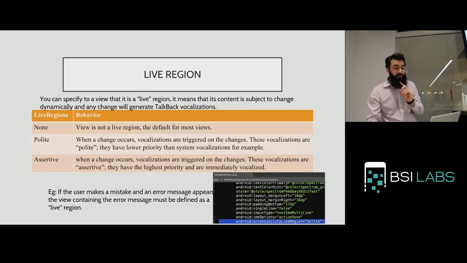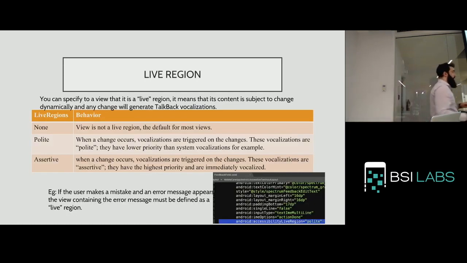And then live regions. Sometimes when you have a form and you fill out the wrong month, you fill out the wrong phone number. You know, you have 11 digits instead of just 10.